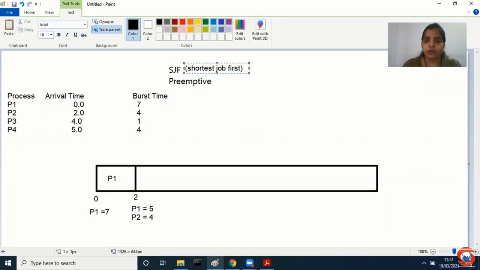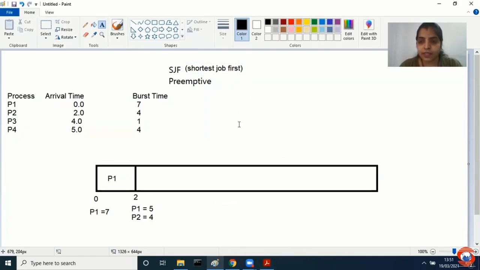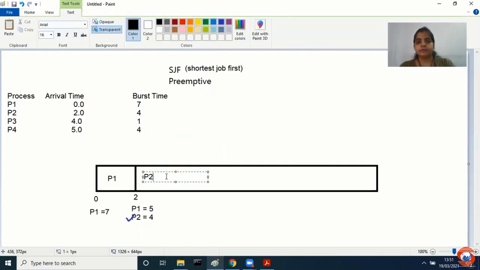Shortest job first. When I'm saying shortest job first, in that case, पहले बार इन दोनों में से कौन है शॉर्ट? P1 P2 में से P2 is the shortest. So I will take P2 first. So can you please tell me next control अब किसको मिलेगा? P2 को मिलेगा. समझ में आया मैंने कैसे प्रोसेस को सिलेक्ट किया?